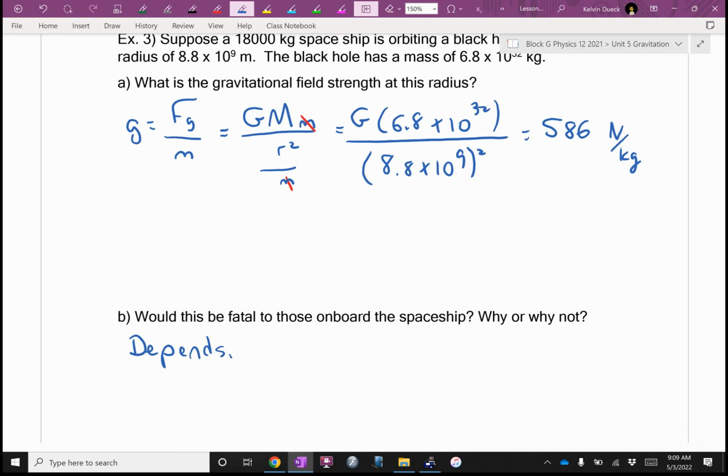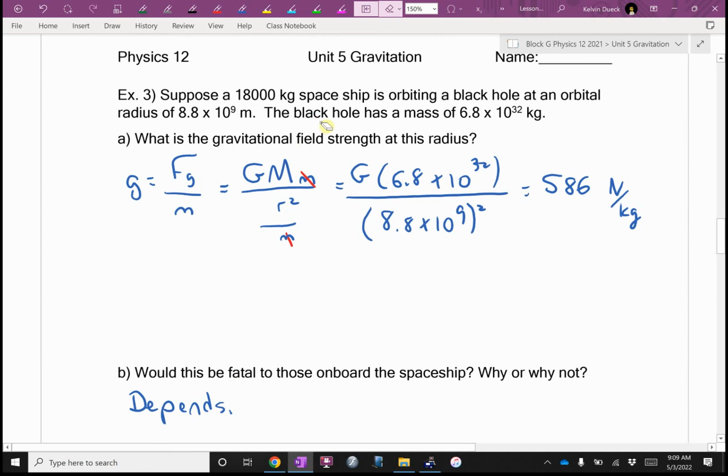What's Earth's gravitational field? You all know this. 9.8. What is it on the ISS? 9.1, 9.2? Do the astronauts feel it on the ISS, though? Why not? Because they're in orbit. Are we in orbit? In this question, are we in orbit?